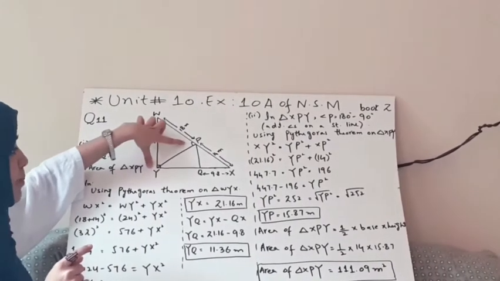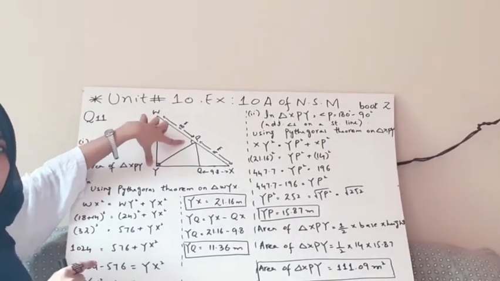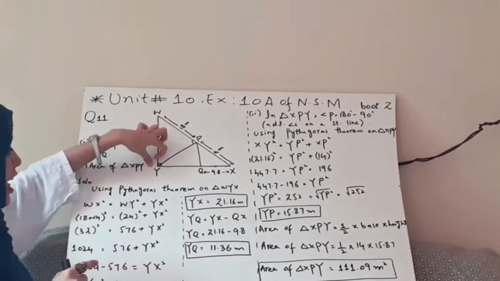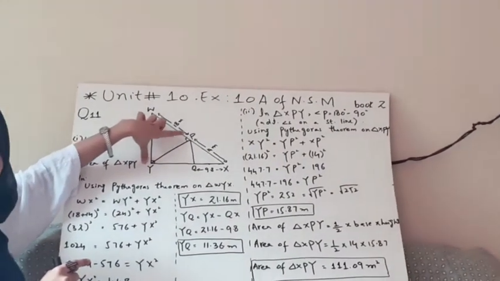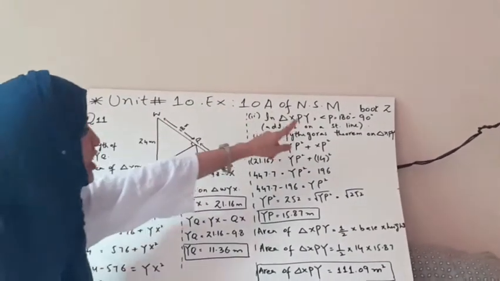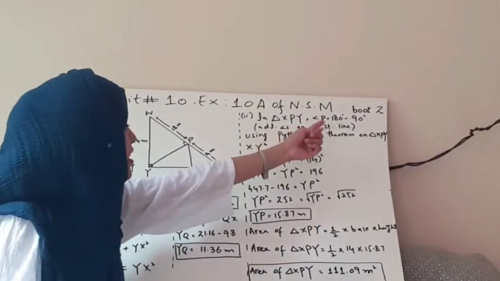So we have to use the property of adjacent angles here: 180 degrees minus 90 degrees, then we will be able to find angle P, which is 90 degrees.